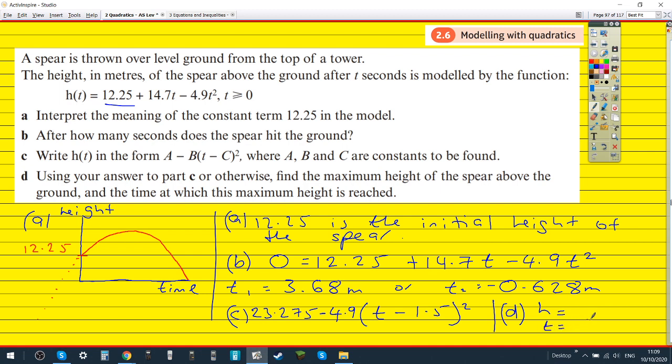Let me check. You said it was 1.5 a second ago. Oh yeah, 1.5, sorry. So 1.5 seconds, and what height does it reach? A second ago, you said it was 23. Oh, is it 23? Yeah, 23.275.